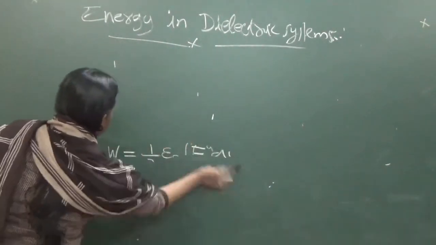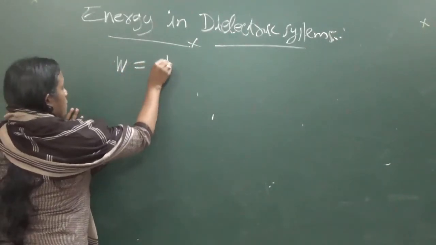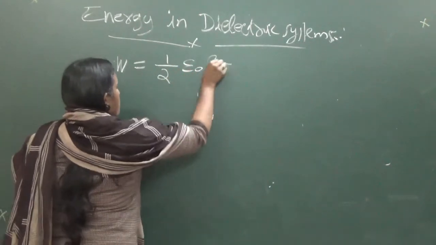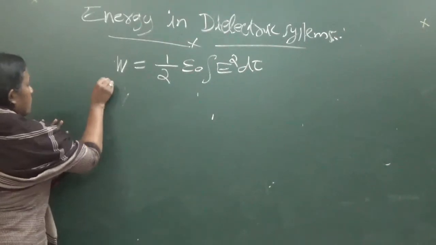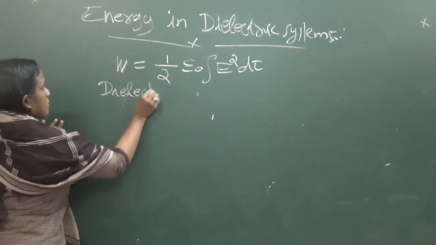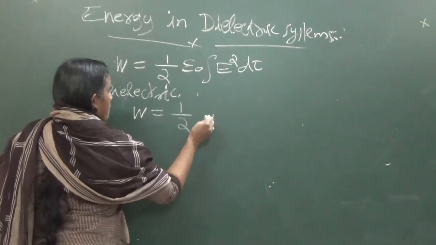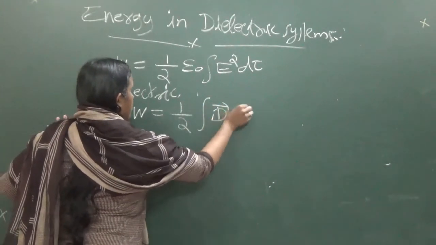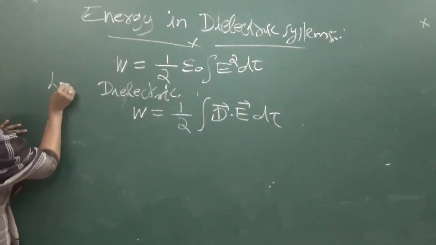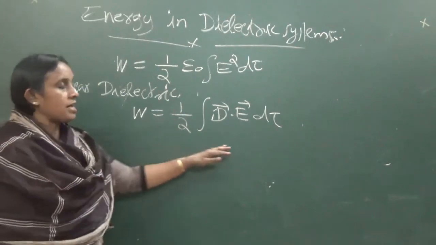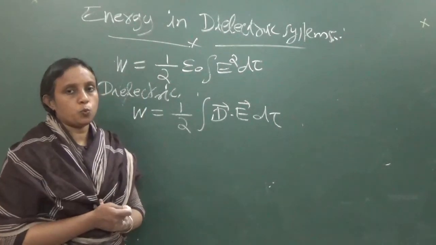They are W equal to half epsilon 0 integral E square d tau, and in the presence of a linear dielectric, W equal to half integral D dot E d tau. This is valid only for linear dielectrics.